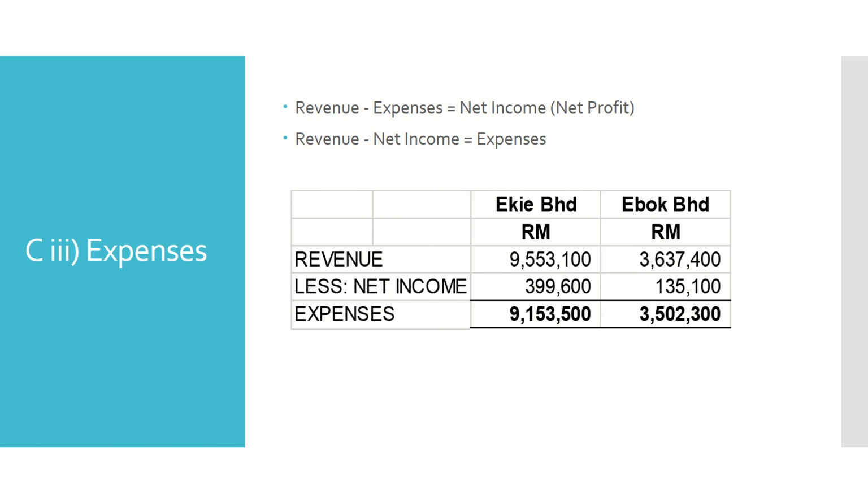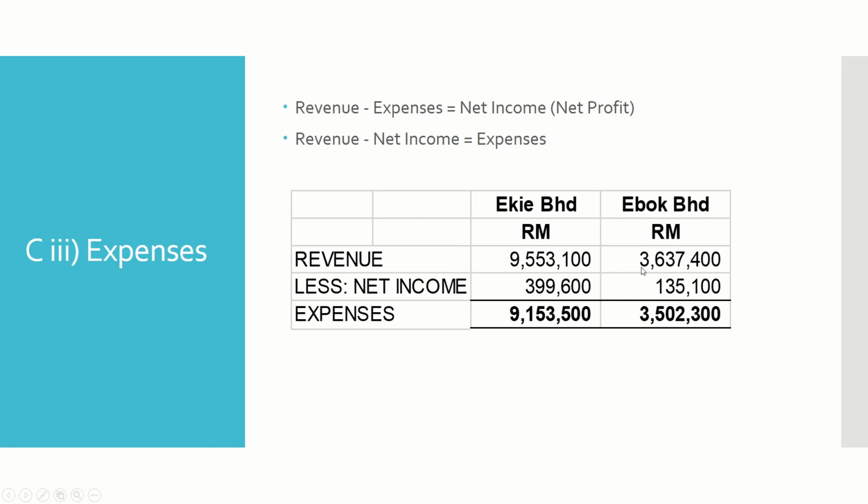Next, number 3. Determine the amount of expenses for both companies. The formula is revenue minus the net income to get the amount for expenses. Revenue for Iki is also given in the question, which is RM 9,553,100.